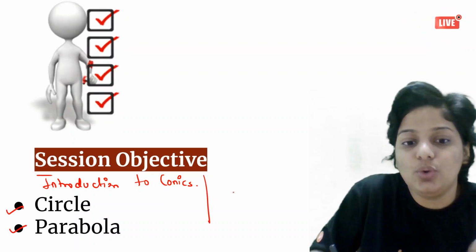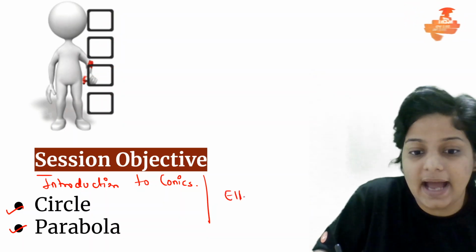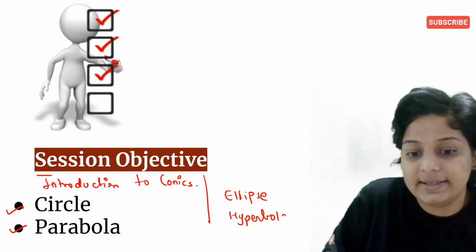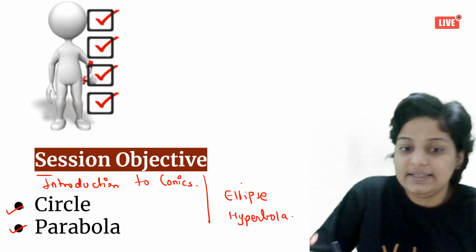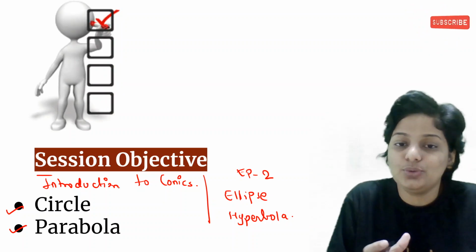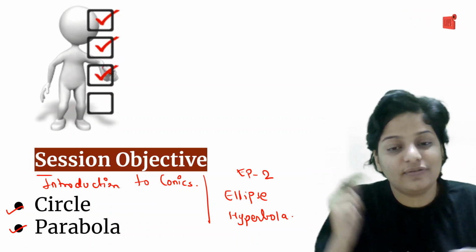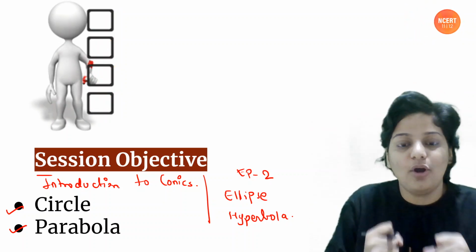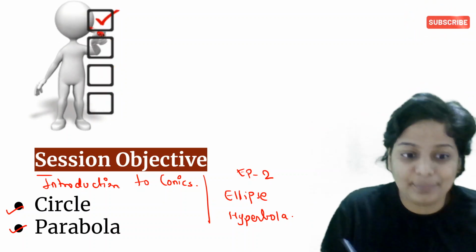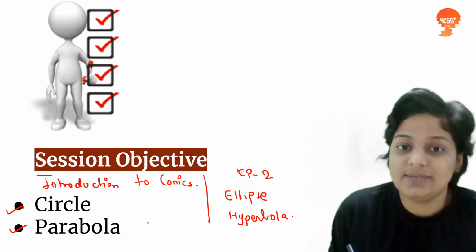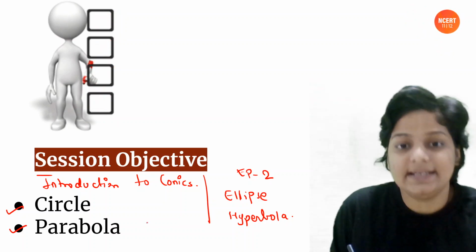Episode 2 will consist of ellipse and hyperbola. So this is how I have divided the two sessions. We'll be taking all the questions from your NCERT, miscellaneous, and exemplar, a mixture of all of them along with some amazing examples.